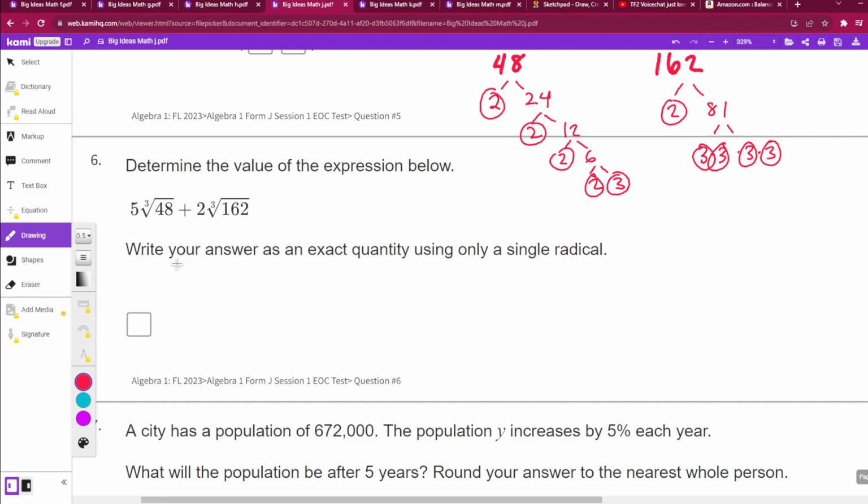Let's go ahead and rewrite these expressions. So 5 times the cubed root of 48 is 2 times 2 times 2 times 2 times 3, plus 2 times the cubed root of, this is 2 times 3 times 3 times 3 times 3.